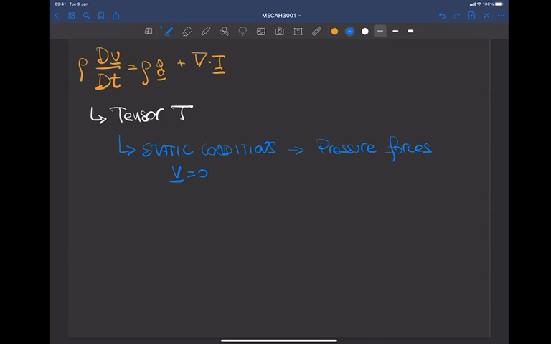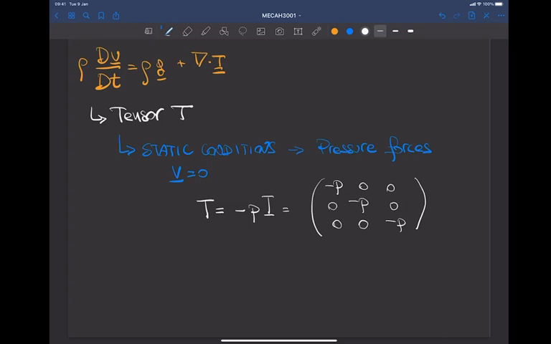In this case, it's very simple to stipulate that the tensor T should be equal to minus pressure times the identity matrix. So in other words, it would be a matrix with minus P, minus P, minus P on the diagonal, and all the other elements equal to 0.